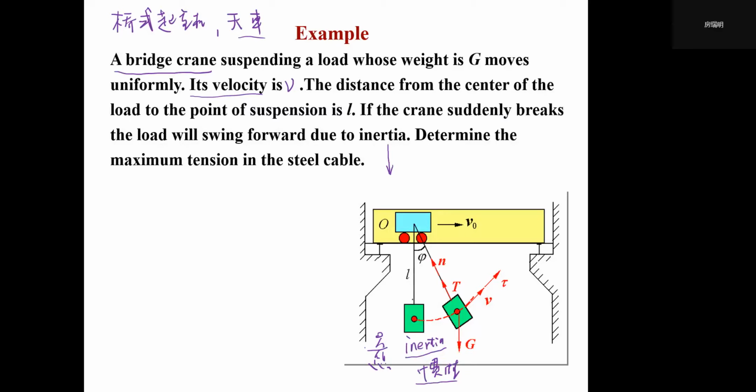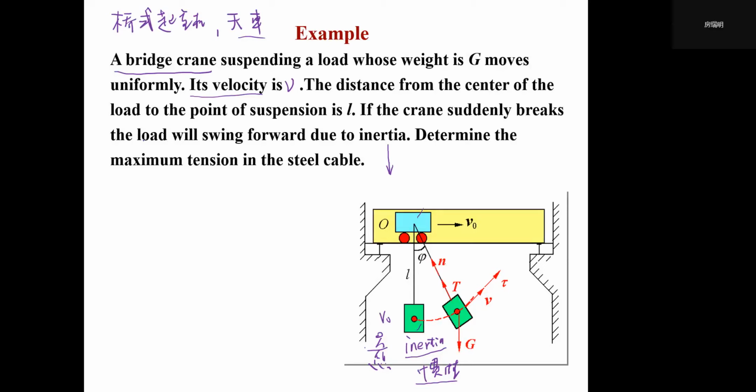Because this suspended load and this vehicle have uniform velocity v zero, but for some reason this vehicle or crane suddenly stopped here, so it will not move again, but this load will try to keep its original motion, so it will swing around this point with this angle phi, right?